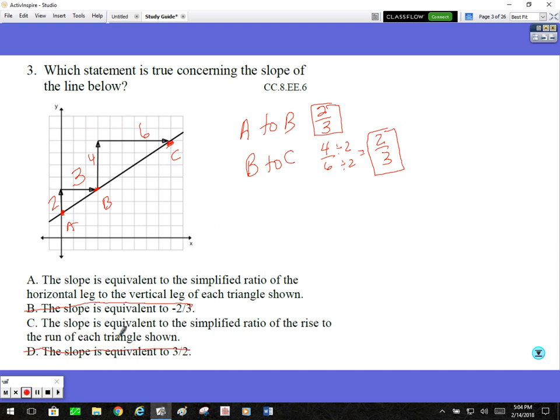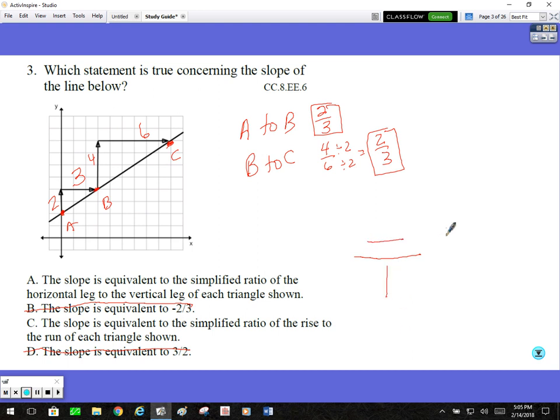Okay, so we're down to these two. The slope is equivalent to the simplified ratio of the horizontal to the vertical. Well, remember horizontal lines run left to right, and vertical lines run up and down. So what it's telling us right here is this over this.